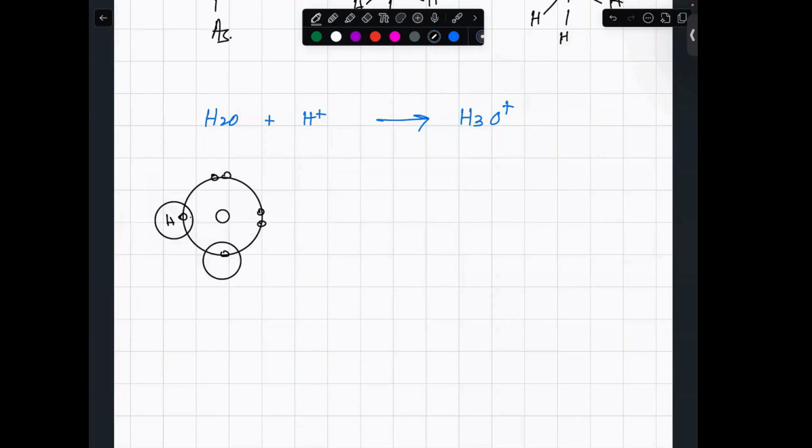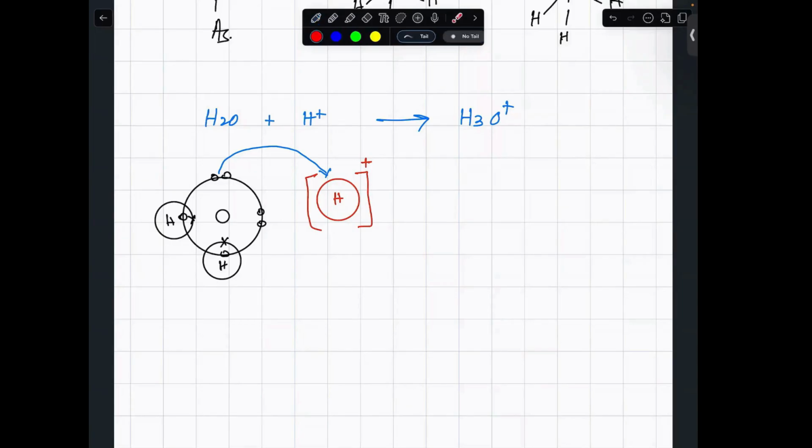These are hydrogen. Now there is this H plus, deficient of how many electrons? It needs 2 electrons. It can share a pair with this, donor toward acceptor.